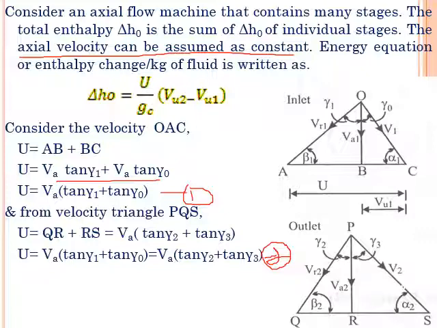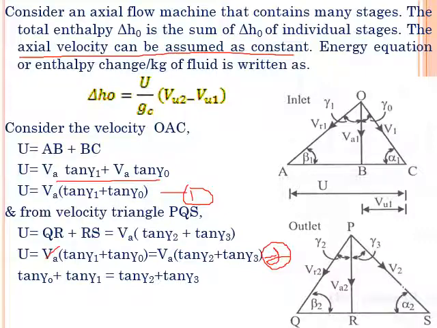Now equate these two expressions, equation number 1 and equation number 2: V of A tan gamma 1 plus tan gamma naught is equal to V of A tan gamma 2 plus tan gamma 3. Here V of A is there on the right hand side as well as the left hand side.